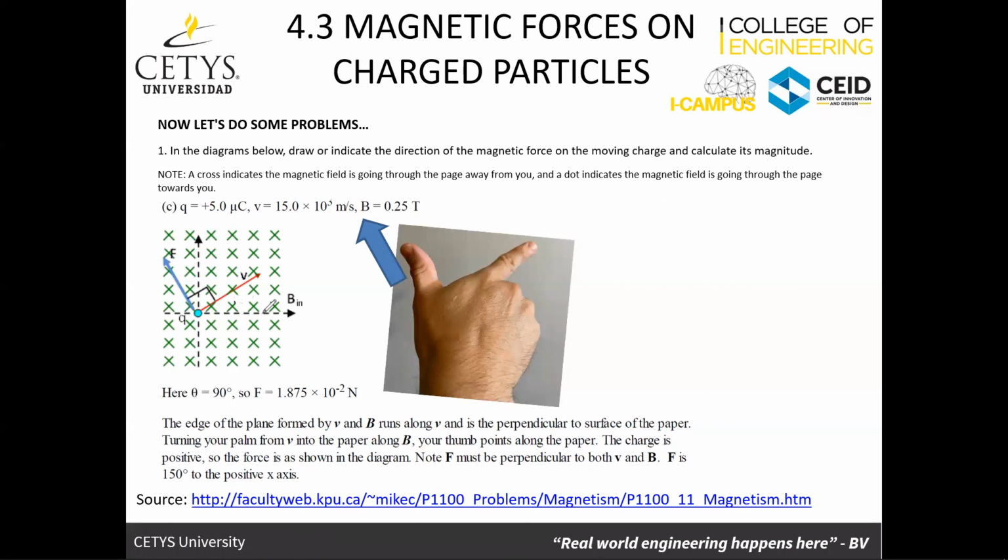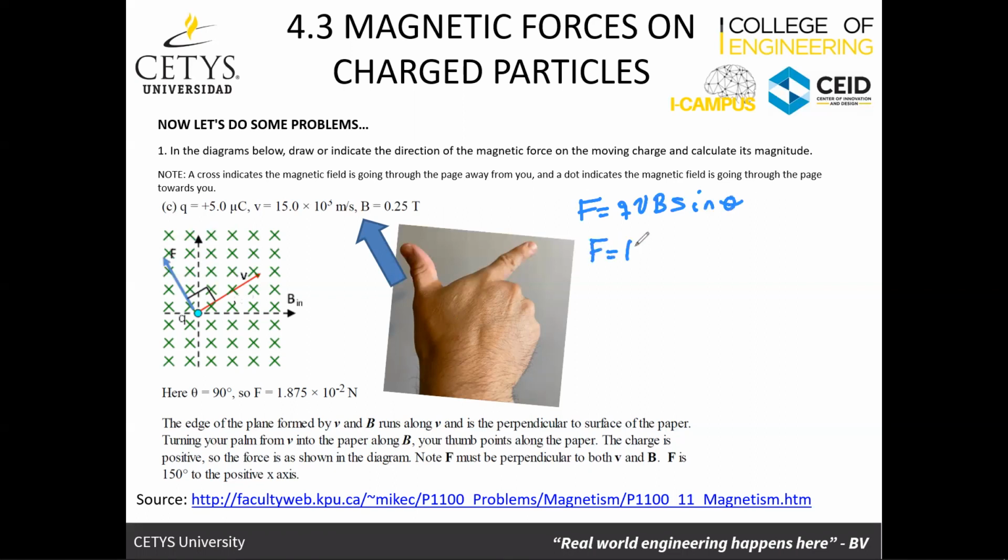So if we do the calculation, F equals QV B, we should get the 1.875. F equals QVB sine of theta.